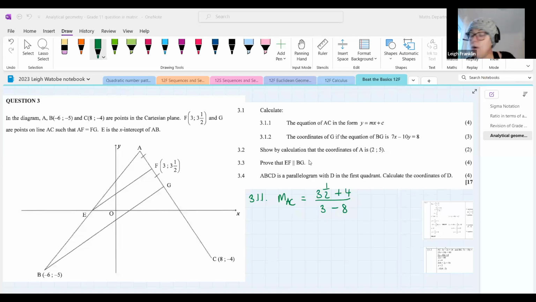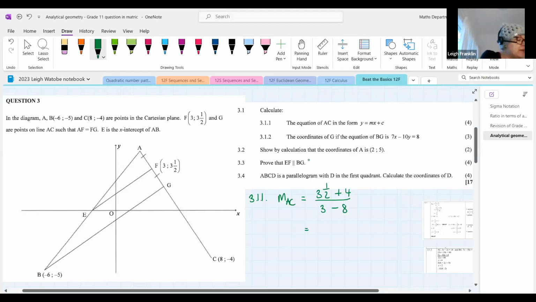Okay, and then when we pop that into our calculator, I'm getting minus 3 over 2.